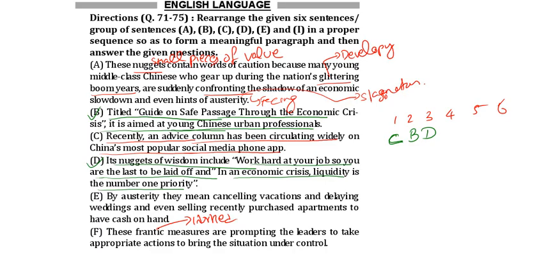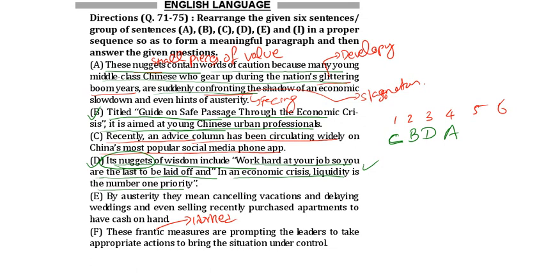Next, these nuggets, for that continuation. This article is saying some important words. Also, what is included? These nuggets also contain words of caution because many young middle class Chinese who gear up during the nation's glittering boom years are suddenly confronting the shadow of economic slowdown and even hints of austerity.